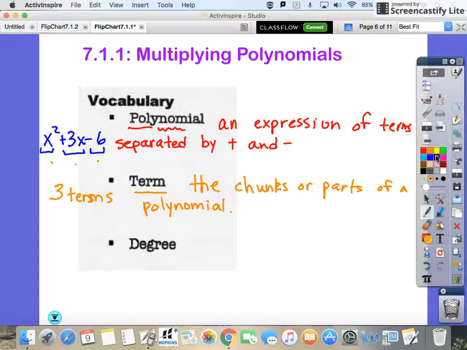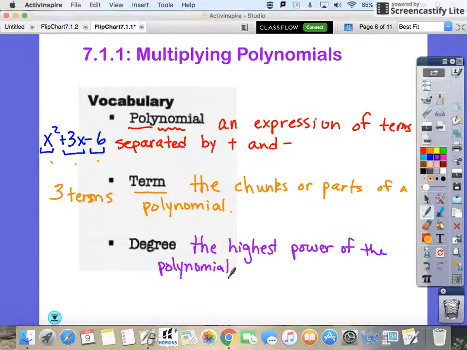And then last is the degree. This is the highest power of the polynomial. So in this example, the highest power is right here, 2. So this is a second degree polynomial.